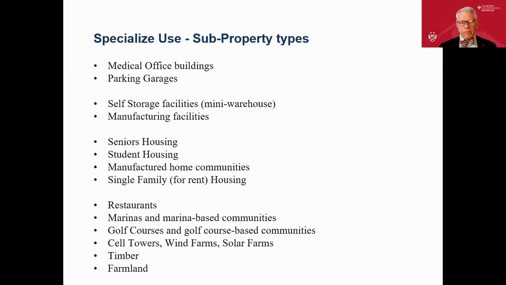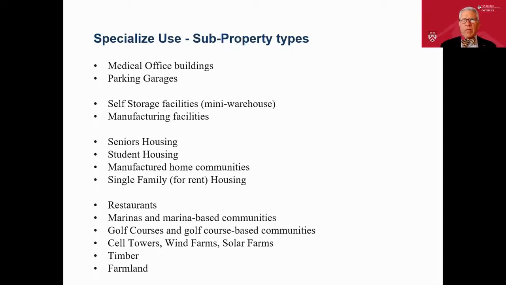And then obviously the most recent and hottest thing going right now are single family for rent houses. During the Great Recession, we had a lot of foreclosures, and a number of institutional investors started funds to buy those. The original strategy was, we're going to buy them, rent them out until the housing market comes back.